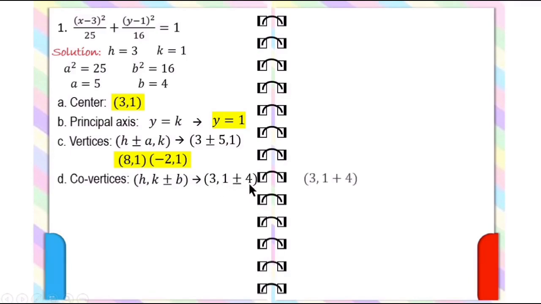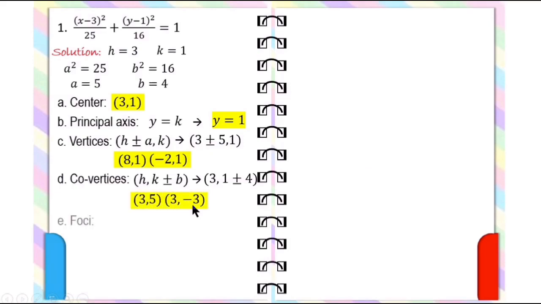This is equal to (3, 1 plus 4) and (3, 1 minus 4). Simplify, we have (3, 5), copy 3 and simplify 1 plus 4 which is 5, and (3, negative 3), copy 3 and simplify 1 minus 4 which is negative 3, and these are the co-vertices.